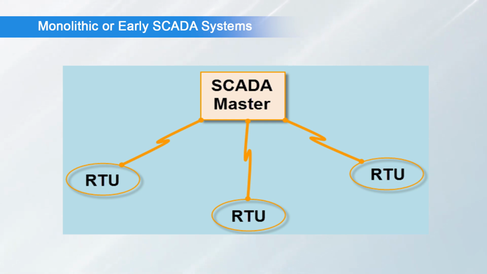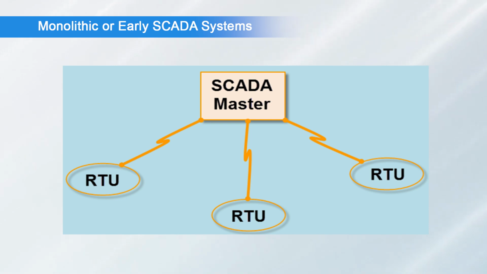Now we will first discuss the monolithic, the early SCADA system, which is also called the first generation SCADA system. As you see in the diagram, the mini computers were used earlier for computing the SCADA system, but during the time of first generation, the monolithic SCADA systems were developed where common network services were not available.